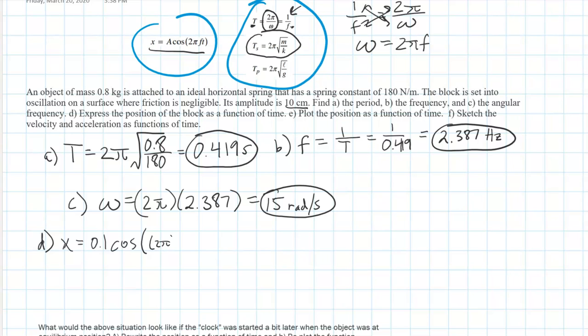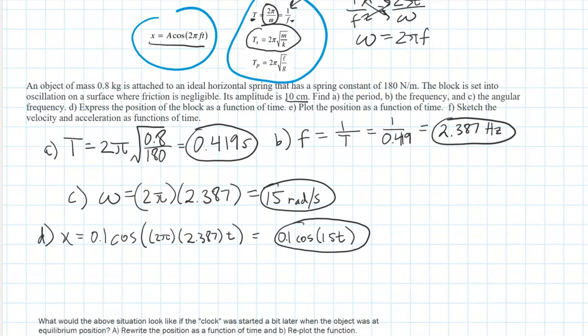Then it's going to be 2 pi times 2.387 t. And we actually already did 2 pi times 2.387 to get our angular frequency. So this is our expression for position as a function of time.